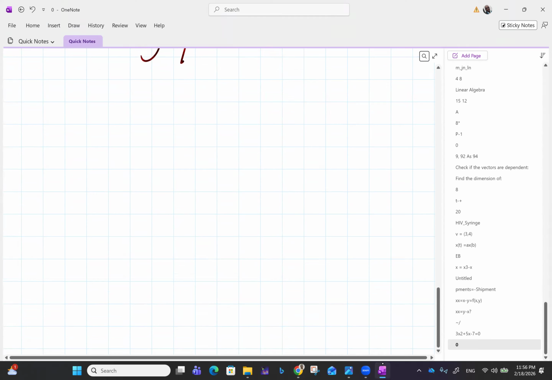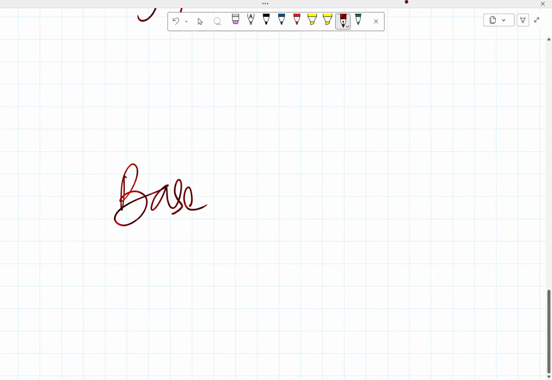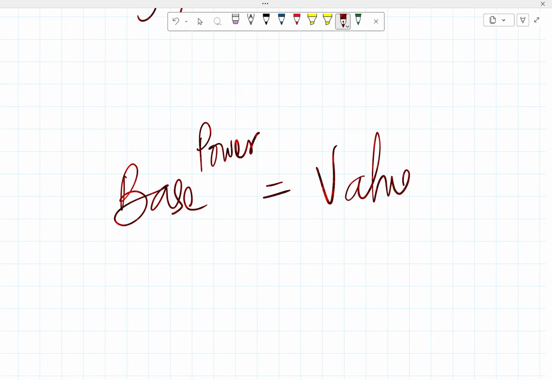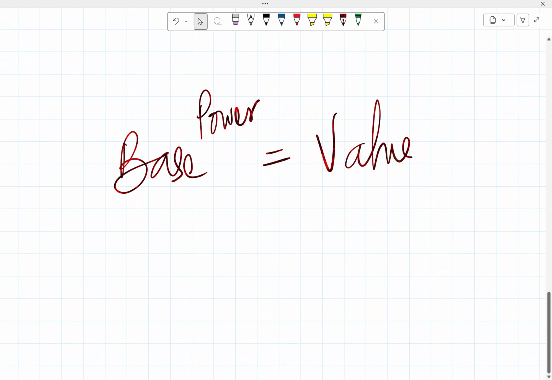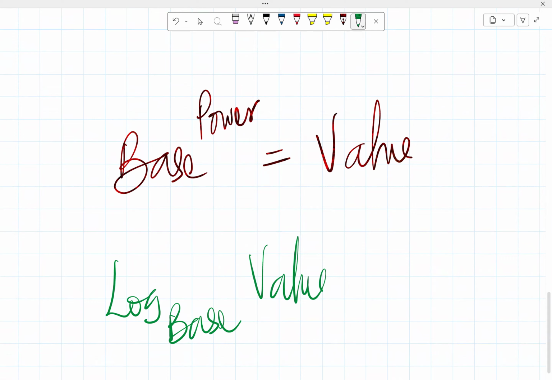So you have base raised to power, or call it index, is equal to value. Okay, so this is in exponential form. So in logarithm form now, it will simply be log of the value to the base equals power.